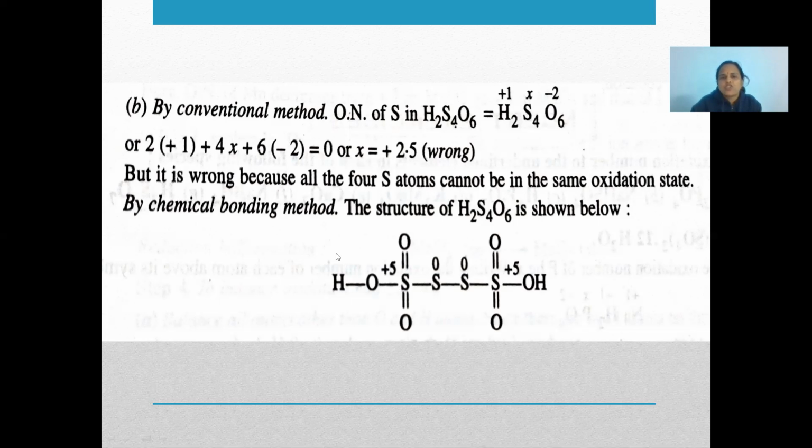If you look at the structure of H2S4O6, the first sulfur is present in the +5 oxidation state, the second sulfur is present in the 0 state, the third sulfur is present in the 0 state, and the fourth sulfur atom is present in the +5 oxidation state. So +5 plus 0 plus 0 plus 5 upon 4 comes out to be 2.5. So when you draw the actual structure, you come to know the oxidation number of each sulfur atom that is present there.